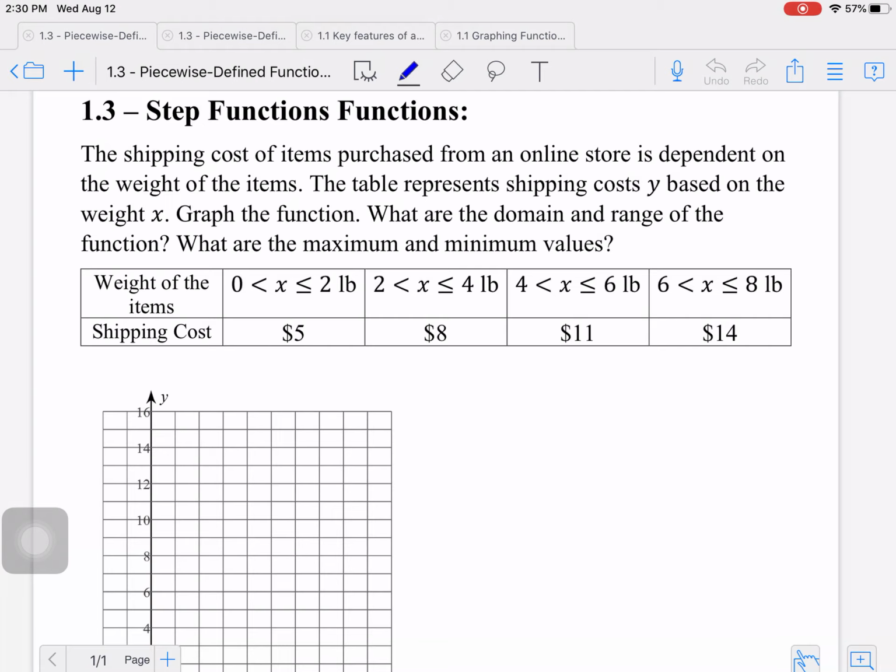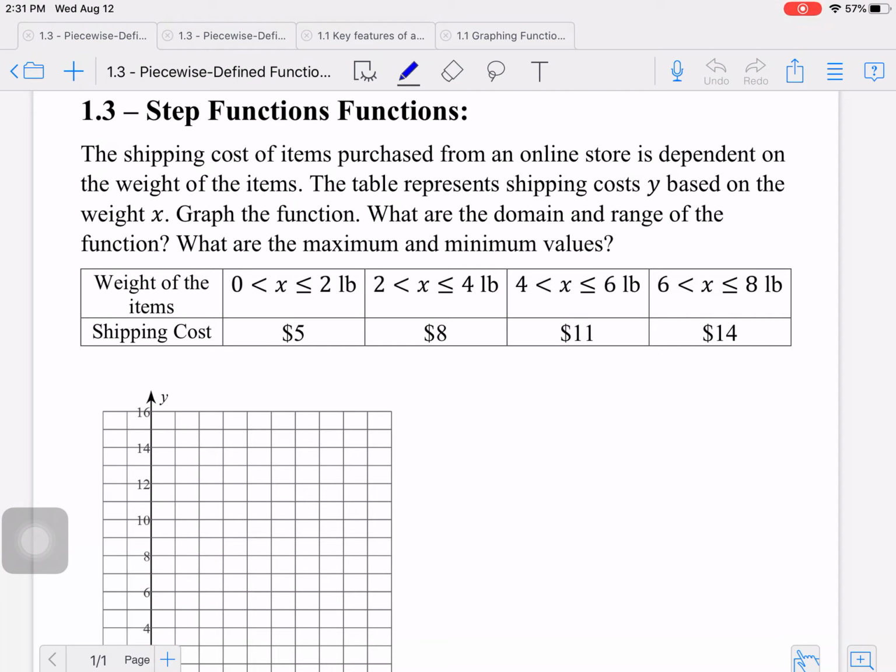There's just a little bit of a difference, but it's basically the same thing, pieces of functions. We call it step functions because they actually look like steps. So that is one of the reasons why we call it step functions. All right, let's get started.